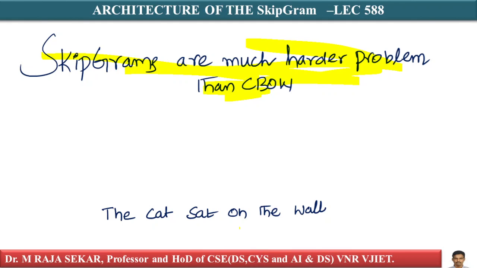I will repeat. In the case of SKIPGRAM, we are just giving one focus word and trying to predict k context words. So the SKIPGRAM problem is much harder.